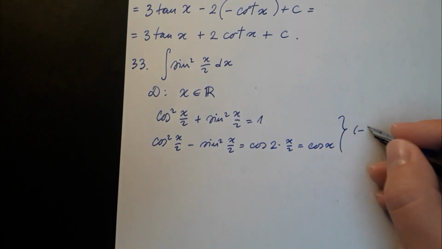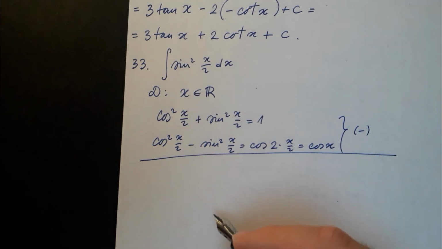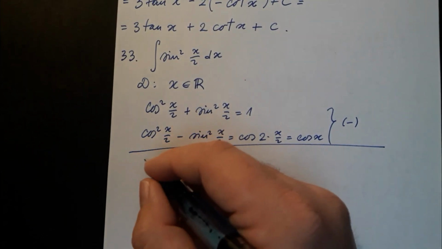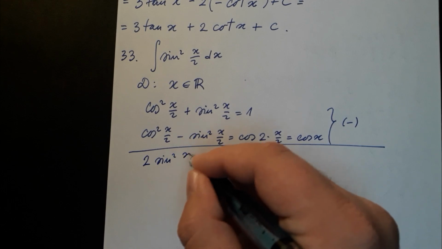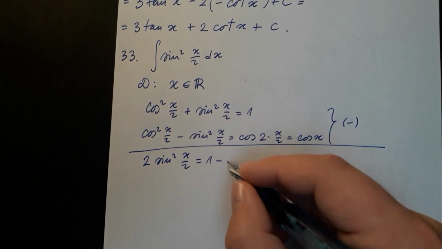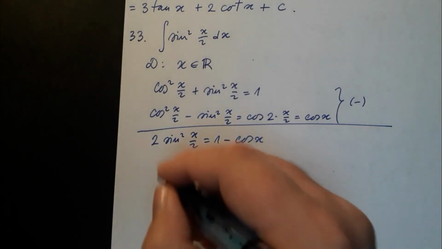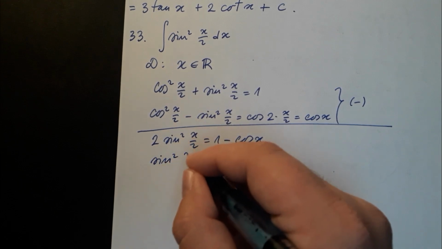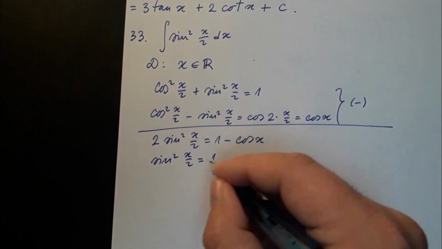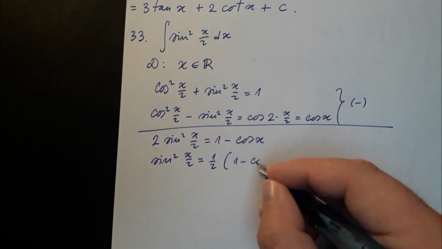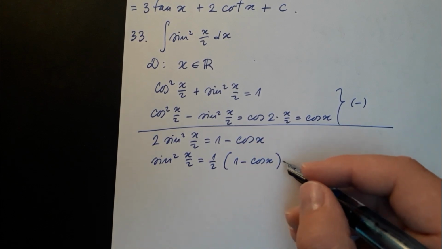If we subtract these two equations from one another, we get that 2 sine squared of x/2 is equal to 1 minus cosine of x, which means that sine squared of x/2 is equal to 1/2 of 1 minus cosine of x.